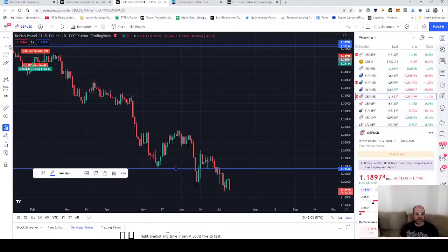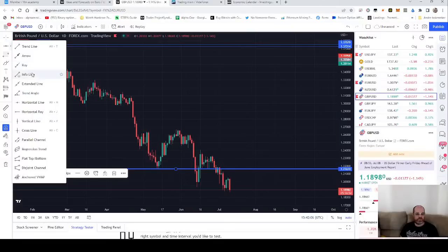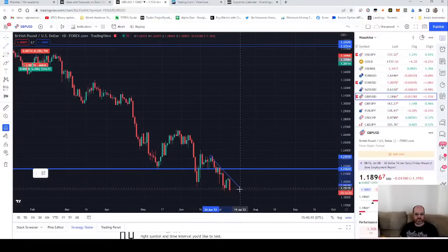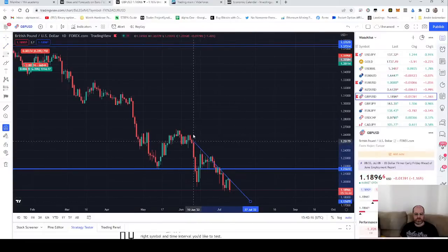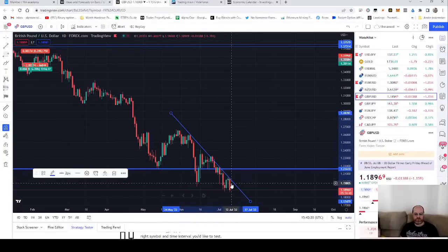So you can see we have also a type of trend downwards here. Let's mark it a little better. There we are following a trend down.